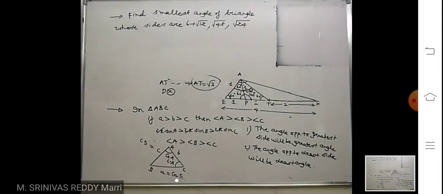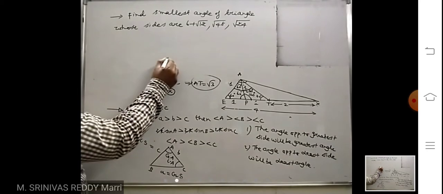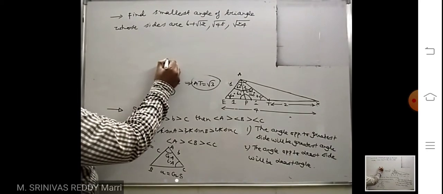Side lengths are given, right? You have to find the smallest angle.